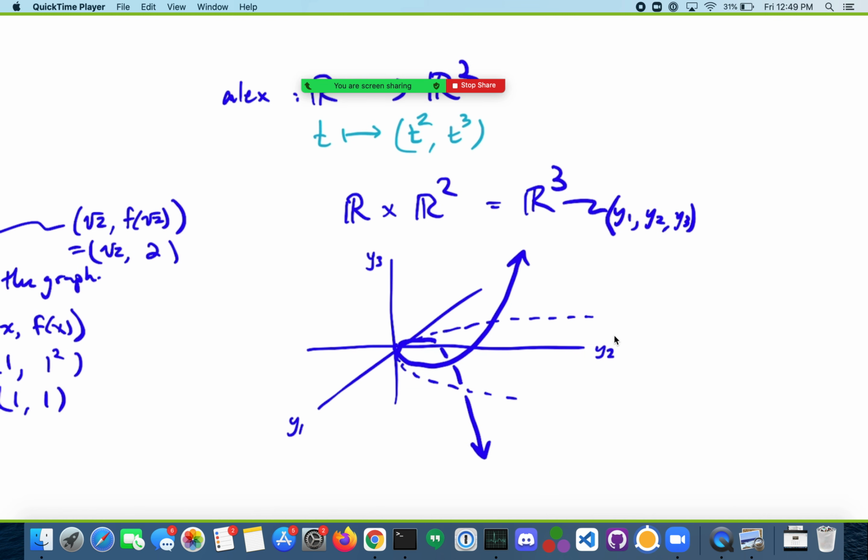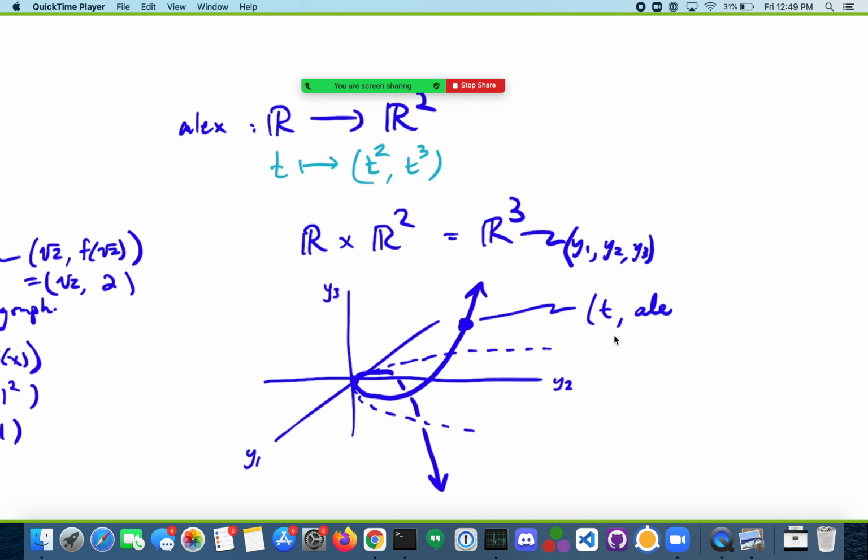But the graph here, a point on this graph is a point t comma, I called it Alex, the map Alex of t, which is, in this case, t comma t squared, t to the third, because Alex of t has output values in R2, so we actually need 2 numbers.